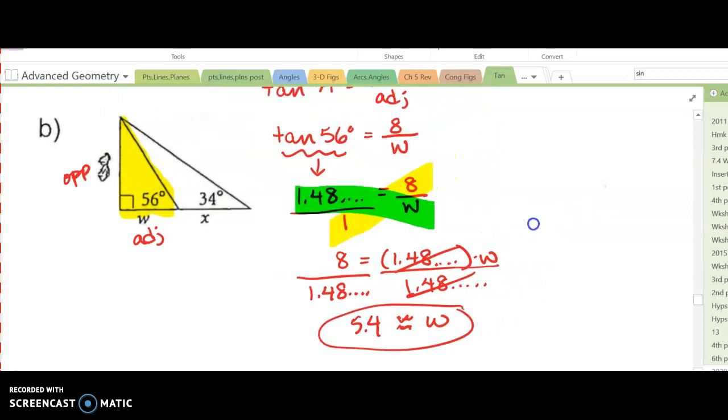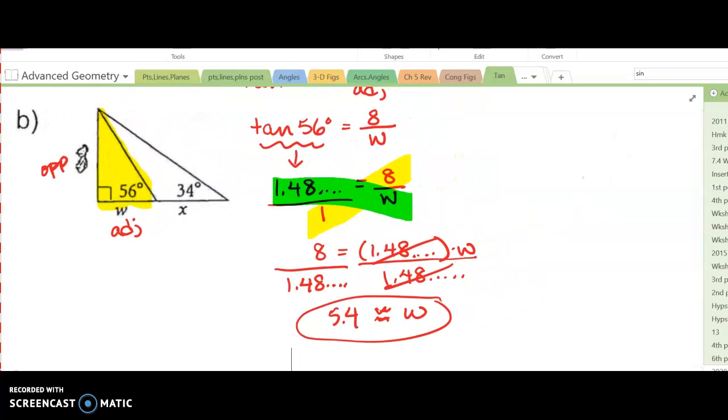Okay, now to do X, we've got a problem because this triangle here is not a right triangle. And remember, we can only use these strategies of Pythagorean theorem and 30, 60, 90 and 45, 45, 90 and tangent in right triangles. All the strategies we're learning in this chapter only work in right triangles. So our other strategy would be, what if we just use the whole big green triangle?